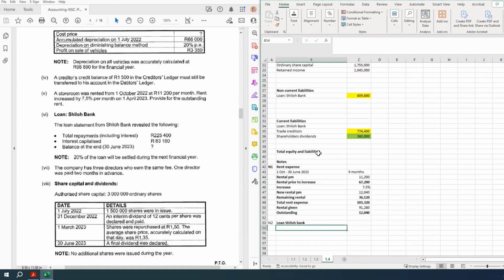I'll start with the amount given, and that is 609,840. Now repayments. So let's think about this. Tsatsi Limited has borrowed this money, and in their balance sheet they're reflecting the loan at 609,840. That tells me that they would know how much they've paid.